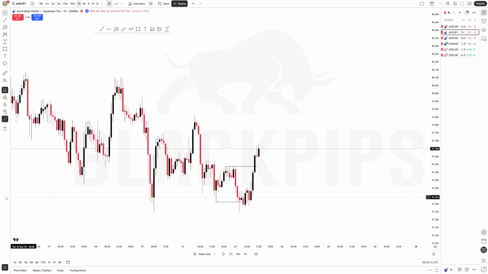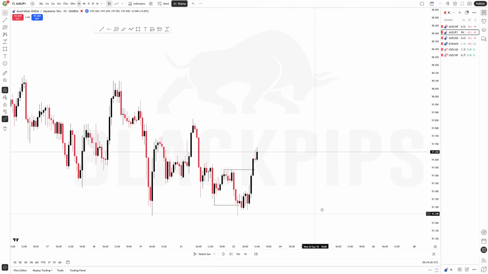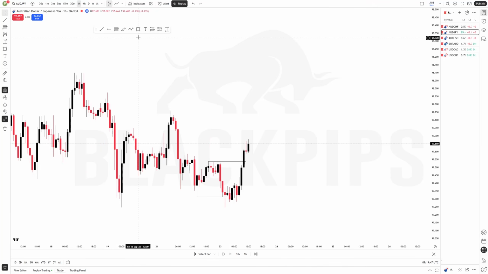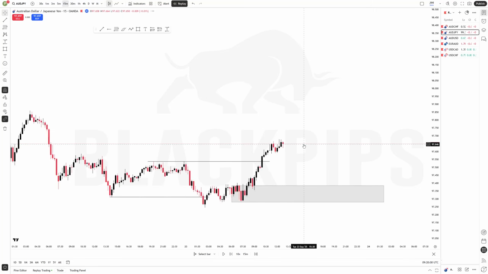The market failed to do the transition at this level, but now the market finally succeeded to break the transition from this point here after the second reaction. So after knowing that, we just have to mark this one, and then we can just go to the 15 minutes to refine it.